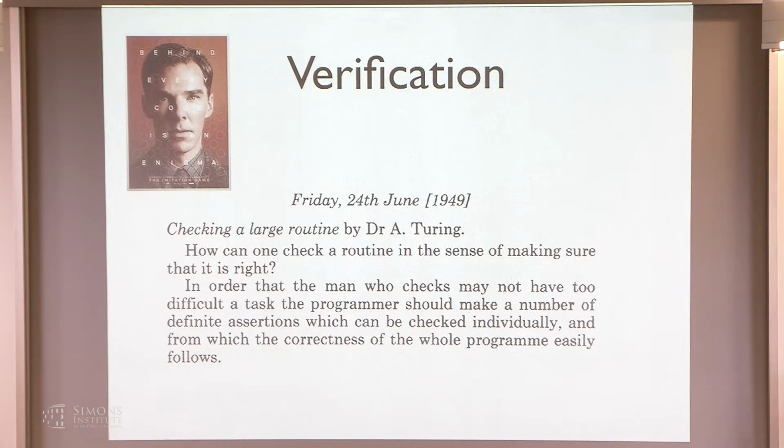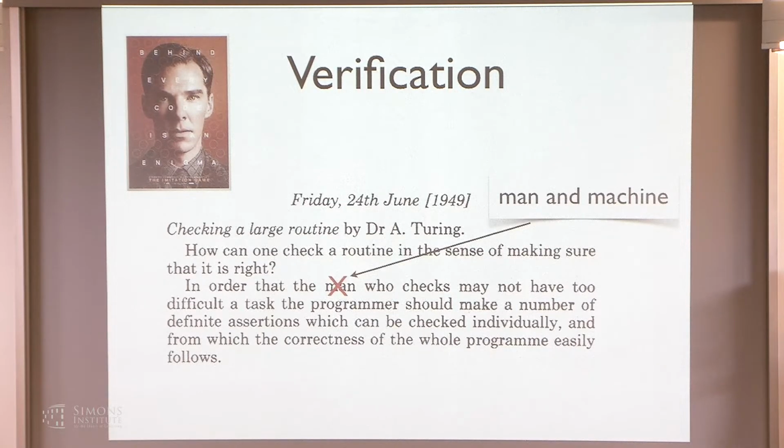It is in order that the man who checks, okay, his mistake was this one, not only a man, but a man and a machine who checks, may not have too difficult a task. The programmer should make a number of definite assertions which can be checked individually, and from which the correctness of the whole program directly follows.